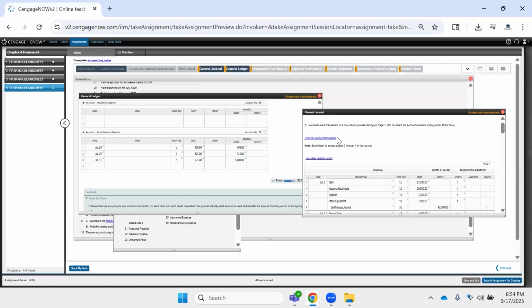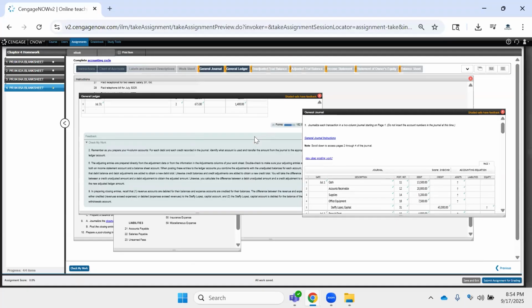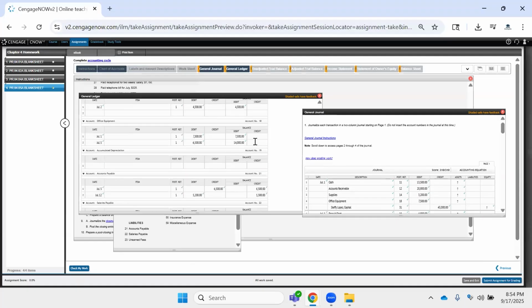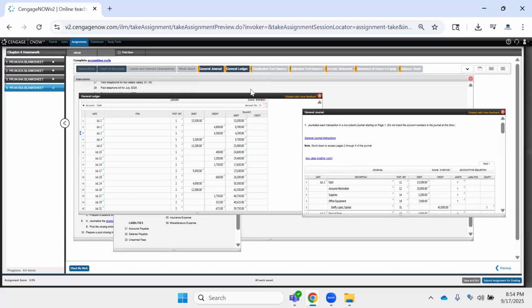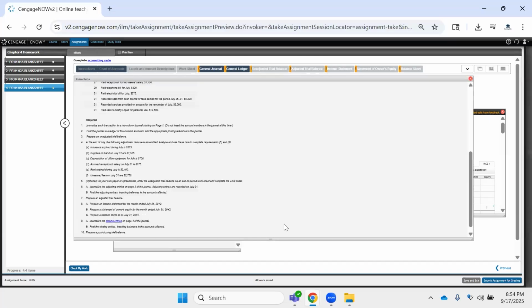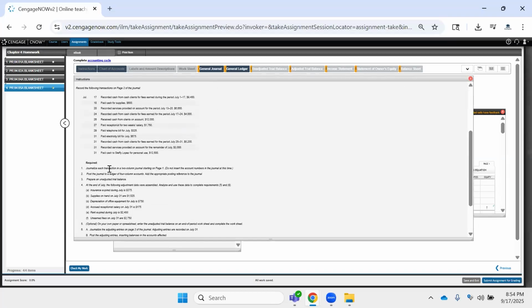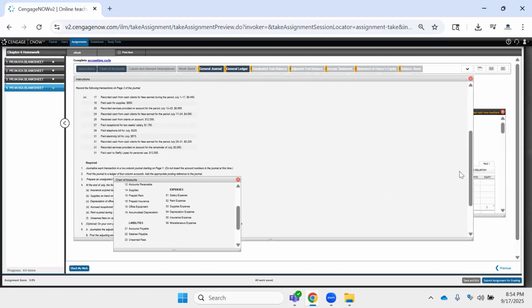And then let's take a look at the other items. So going back to our instructions, it says journalize each transaction, post to the journal 4-column accounts at appropriate posting references. We did that. Step 3, prepare an unadjusted trial balance.